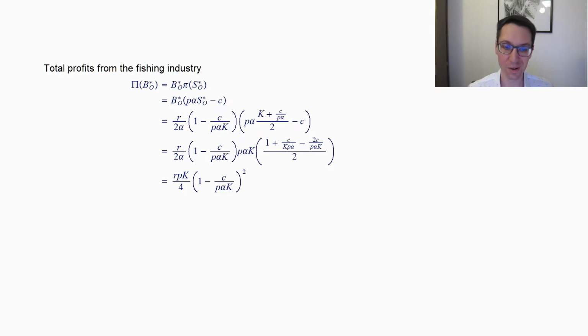Now just to test you, how does that compare to free fishing profits? Well, it's bigger because free fishing profits are by definition equal to 0. So for now, all we have done is look at what happens in steady states, so with stars here.